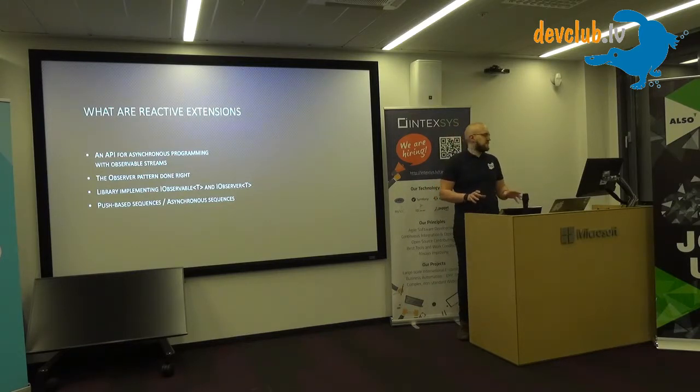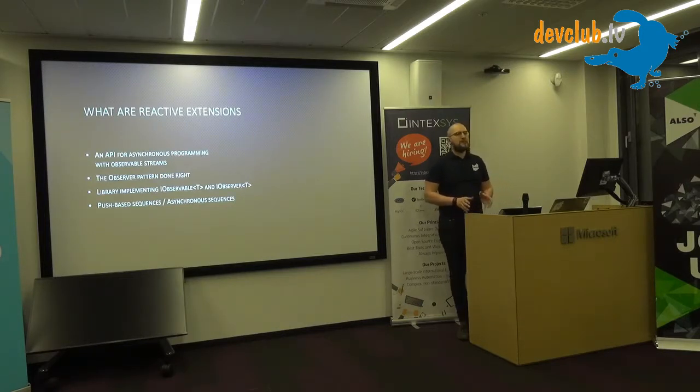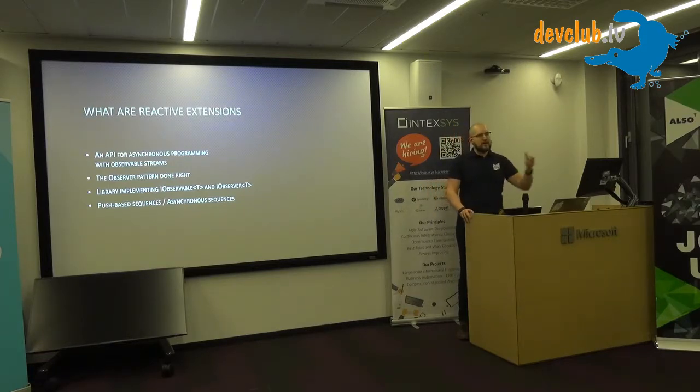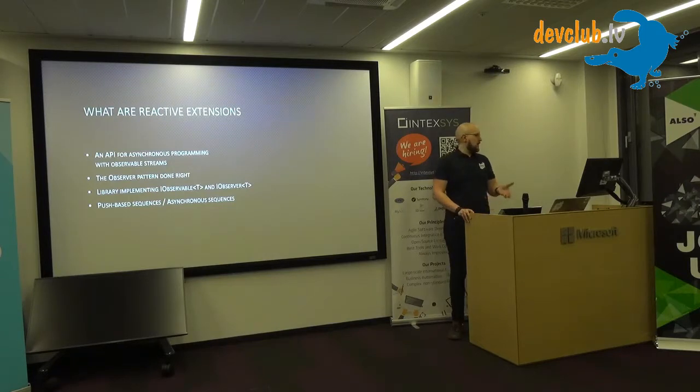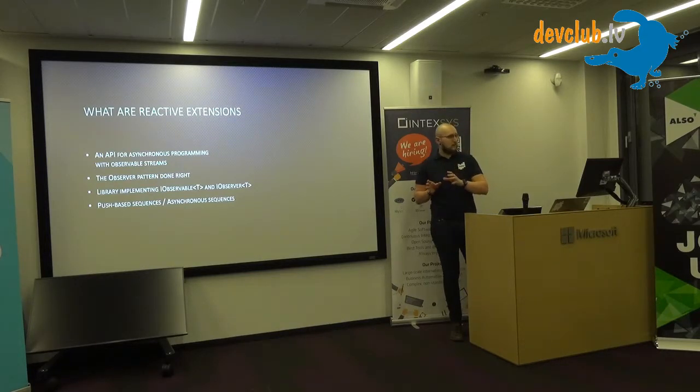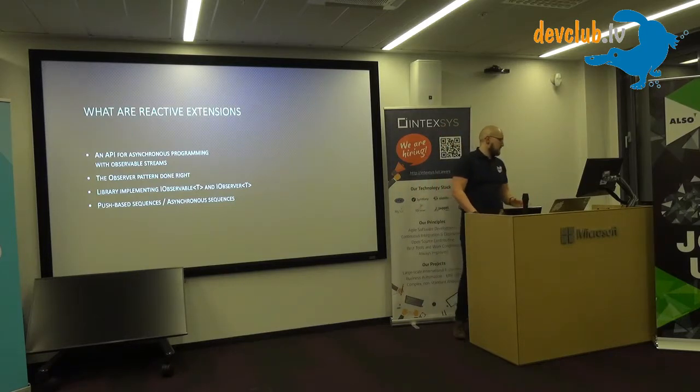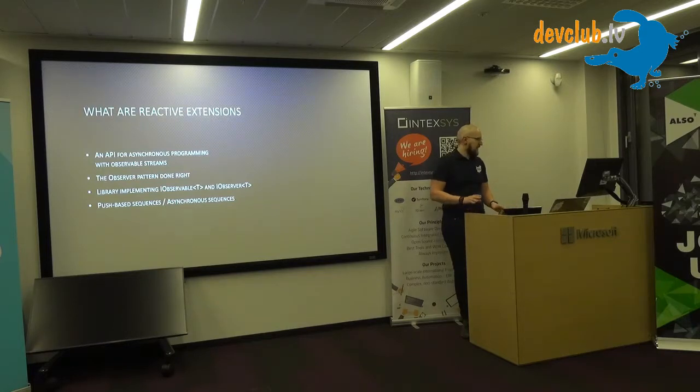So if you're working with .NET, you probably are familiar with enumerables, which are pull-based sequences, where you basically ask, okay, give me the next value. Observables are exactly the opposite thing. It's about saying, okay, I got a value for you, do something with this value. And you could say they're asynchronous as well, although it gets a bit tricky when you get there.